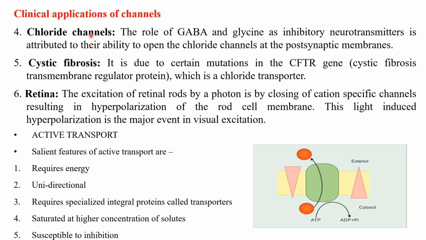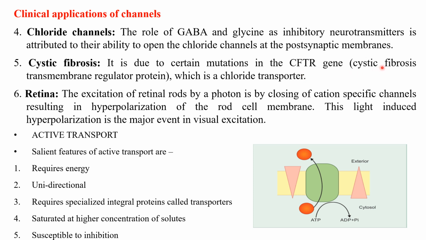Chloride channel: the role of GABA and glycine as inhibitory neurotransmitters is attributable to their ability to open the chloride channel at the postsynaptic membranes. Cystic fibrosis is due to certain mutations in the CFTR gene, the cystic fibrosis transmembrane regulator protein, which is a chloride transporter.